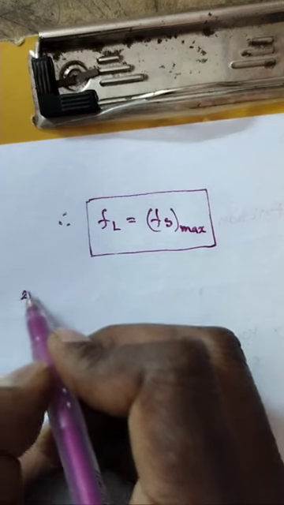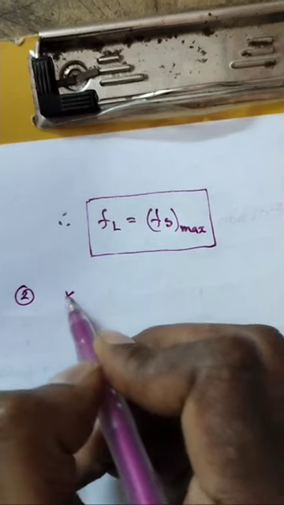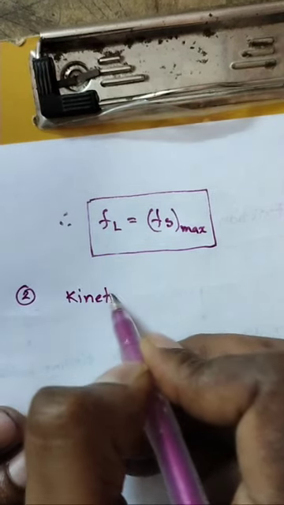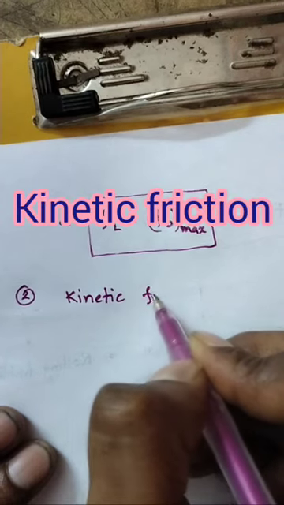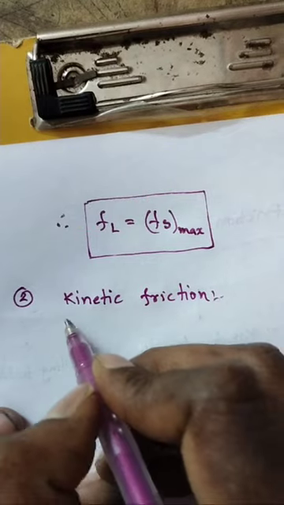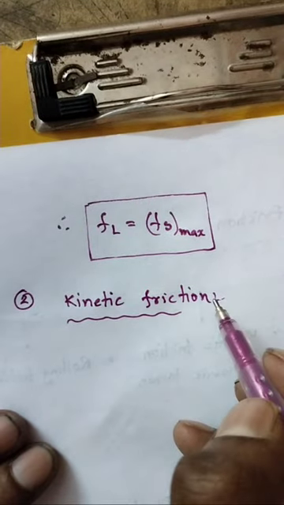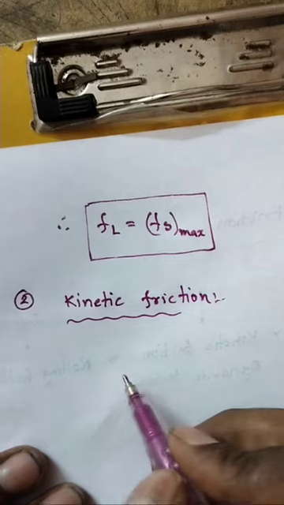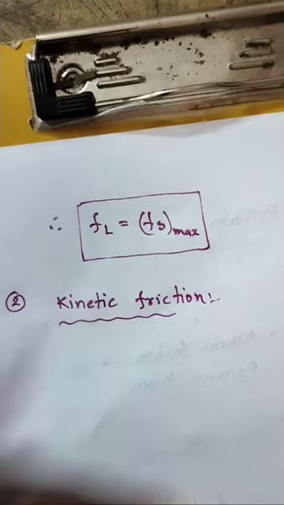And the second friction is called kinetic friction, or another name, dynamic friction. What is kinetic friction? Very simple.